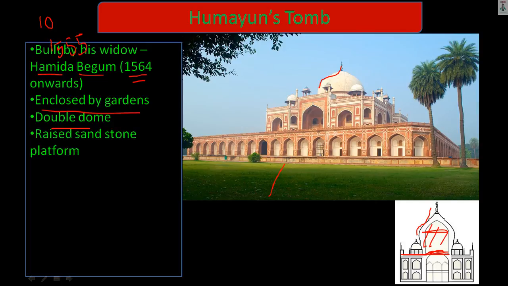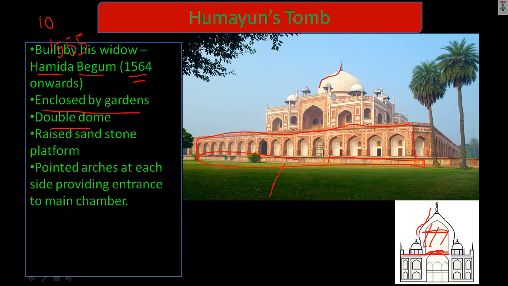It is built upon a raised sandstone platform. Now this is the raised sandstone platform. We can see this. This entire thing is the raised sandstone platform. Then we have pointed arches at each side, like this is the pointed arch, and it is present at each side, providing entrance to the main chamber.